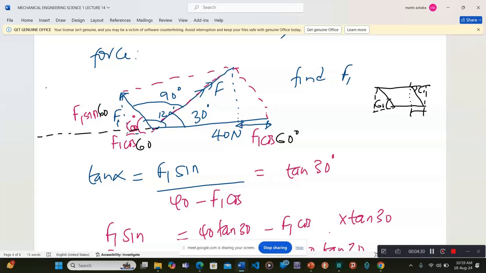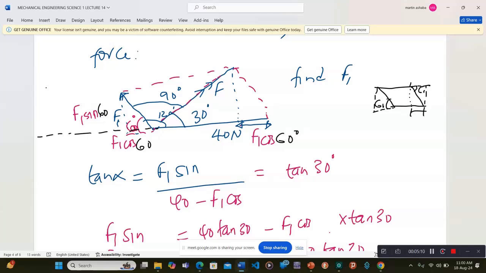So we can extend the line of action of F2 and still find that the angle F1 makes with F2 is also 60 degrees, if we are talking about an angle between 0 and 90. The angle above 90 would be the 120 degrees. But this one looks easier to deal with, to generate easily the sine and cos components.